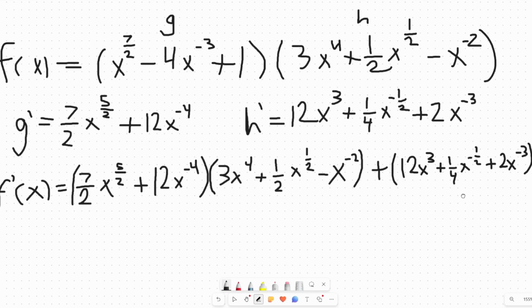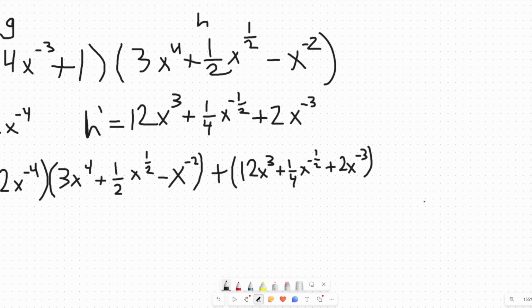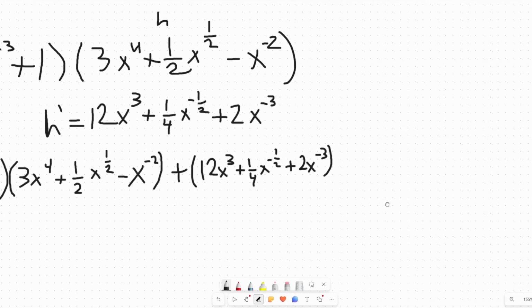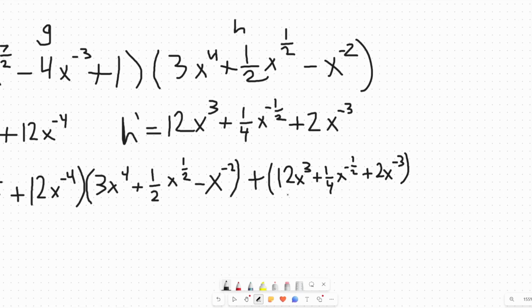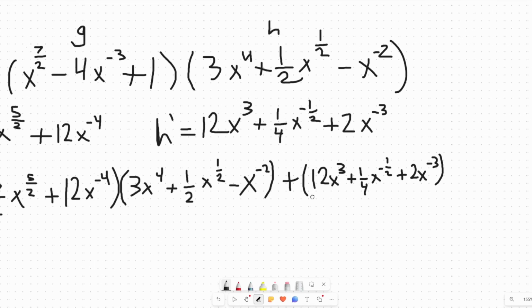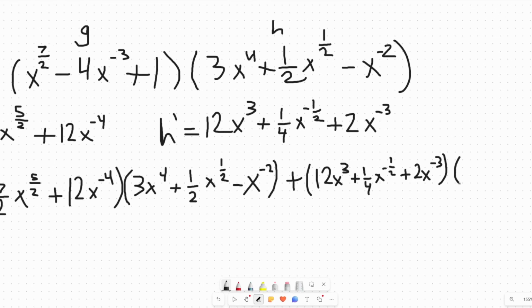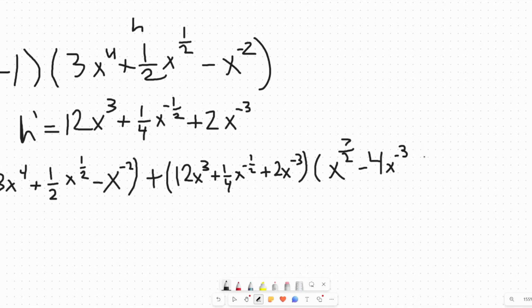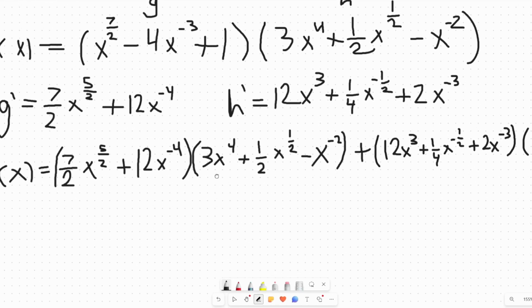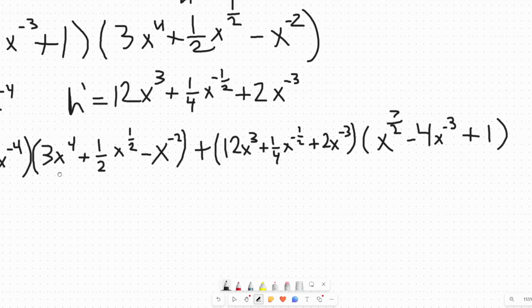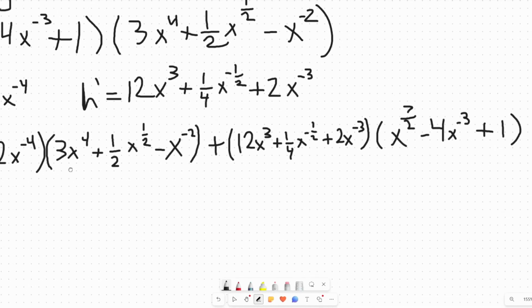Now that goes off screen, so I'm going to have to move over here. So times, so we did h prime, now we need to do g. So here, times x to the 7 over 2 minus 4x to the negative 3 plus 1. All right, so now we have a pretty chunky, long, scary looking equation.